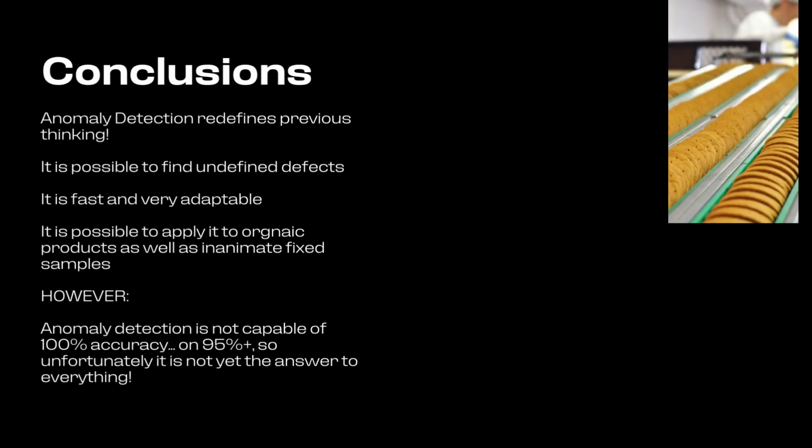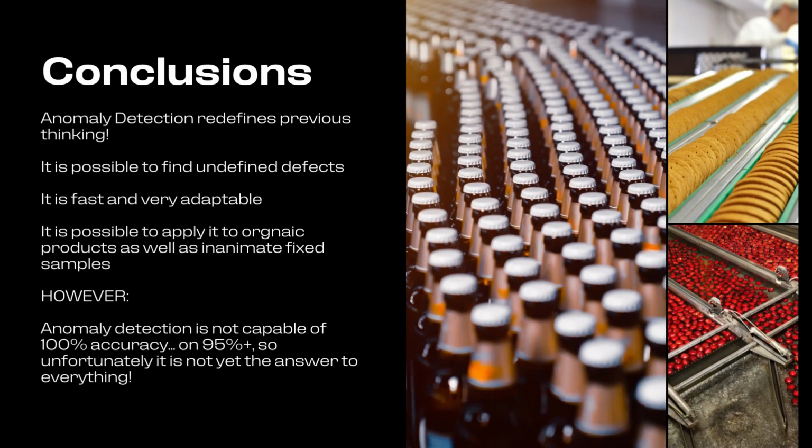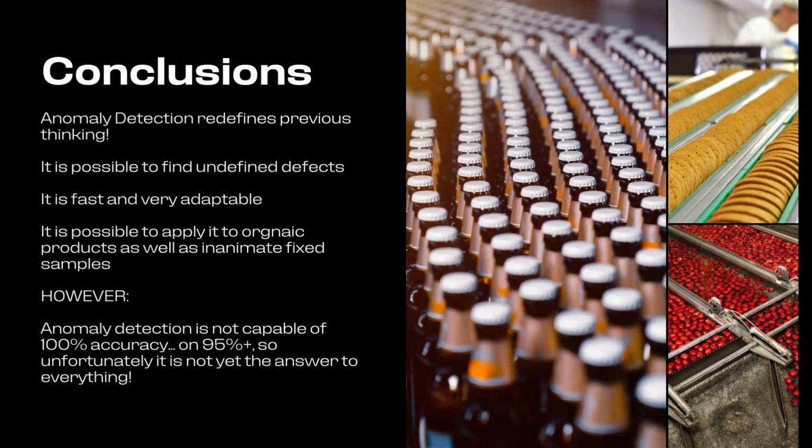So I did say it was a pretty brief outline of trying to get your head around what this anomaly detection is all about. These conclusions are probably a good summary of what we talked about. As the title of the presentation said, anomaly detection redefines previous thinking, because we can look for things that we don't even know what we're looking for.